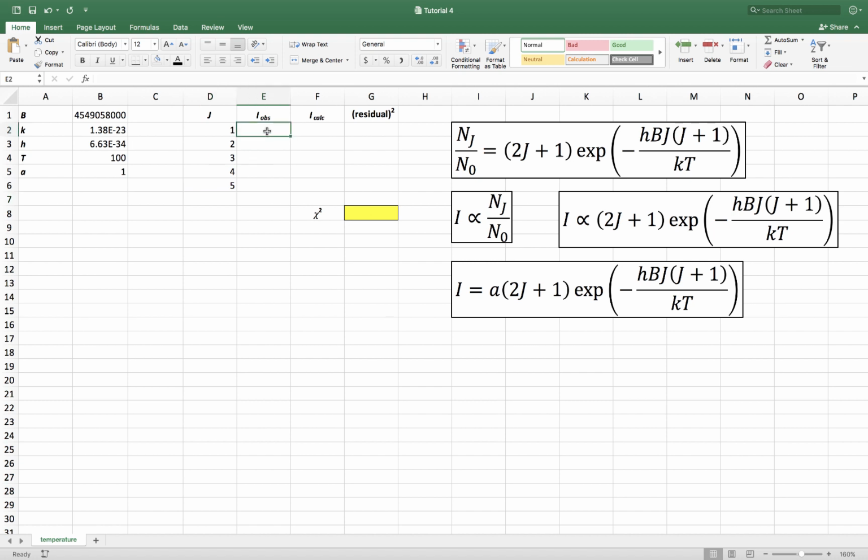Our observed intensities, at least the ones that I measured for the spectrum that I had, were 17, 43, 69, 103, and 92.